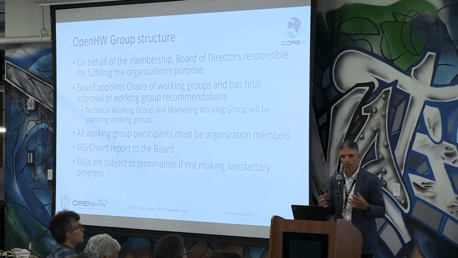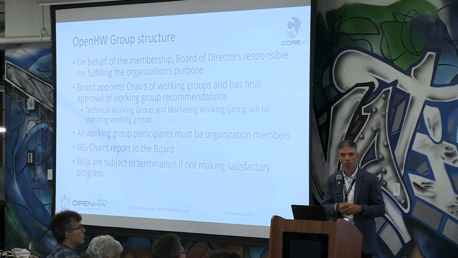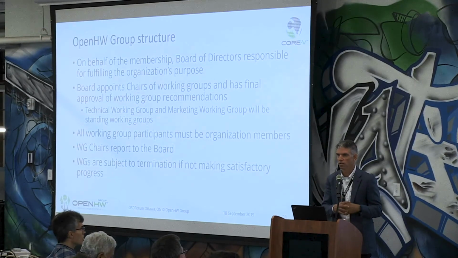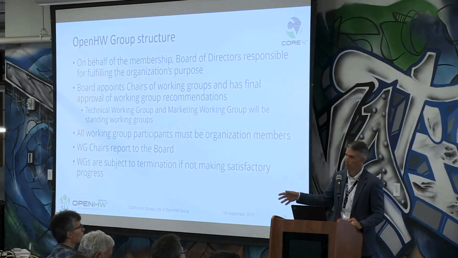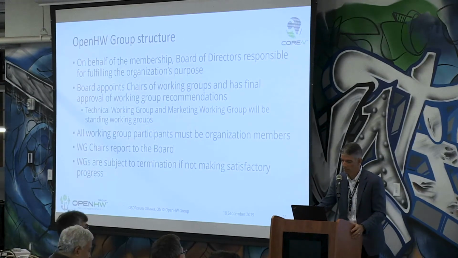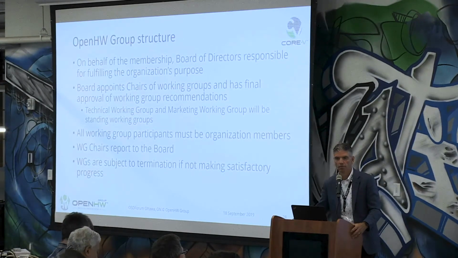The way that happens is we have two main working groups in the organization: a technical working group that's going to manage all of the implementation, and a marketing working group that will do events and promotion. The working group participants are members of the organization, but anybody at large can participate in any of the online work, and you'll see that. I can talk about that more probably during the break.